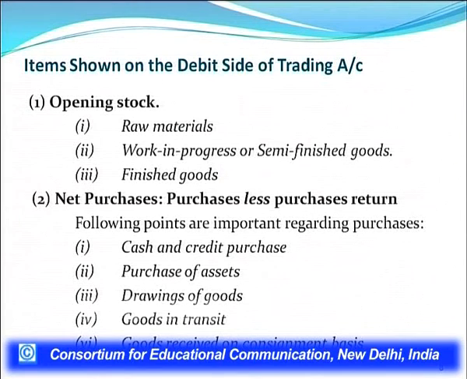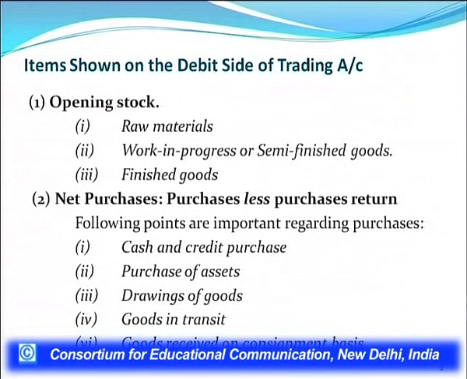Then purchase of asset. Purchase of asset is not goods, so it should not be shown in the trading account. If by error, by mistake, purchase of asset has been recorded in the purchase account, then it should be deducted from purchases while preparing final accounts.